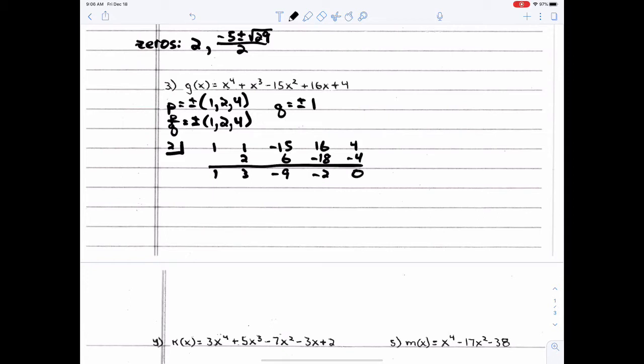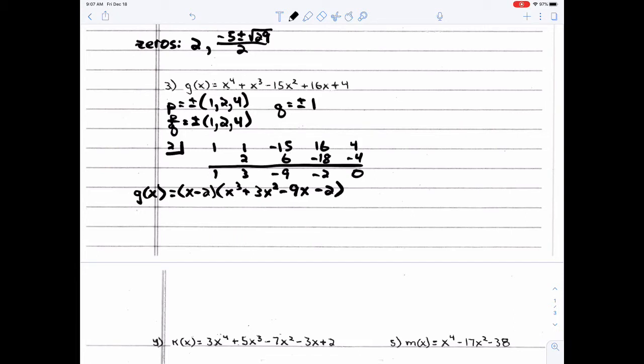Good. Okay, so what do we have? We have g of x equals divisor times quotient, x minus 2 times x cubed plus 3x squared minus 9x minus 2. Okay, well, let's continue factoring the quotient then.